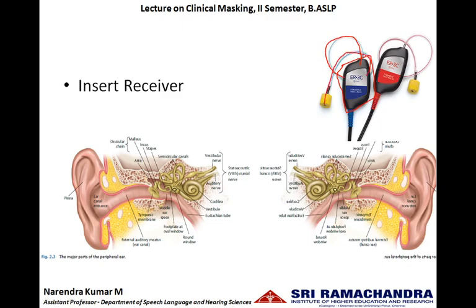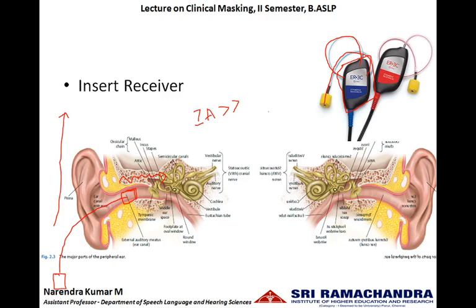The foam tip is placed in the ear canal, whereas the vibratory transducer is kept away from the head. Hence, we require a very high intensity of sound in order to induce bone conduction hearing. Hence, the IA for insert receivers is going to be much higher compared to that of the supraaural headphones.